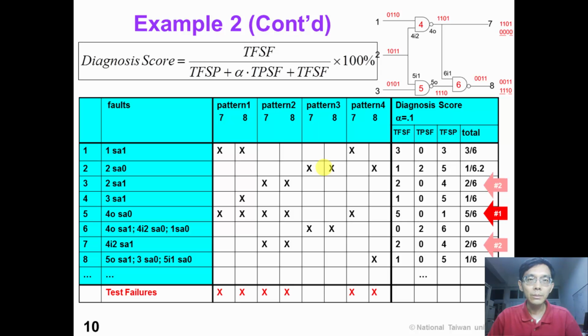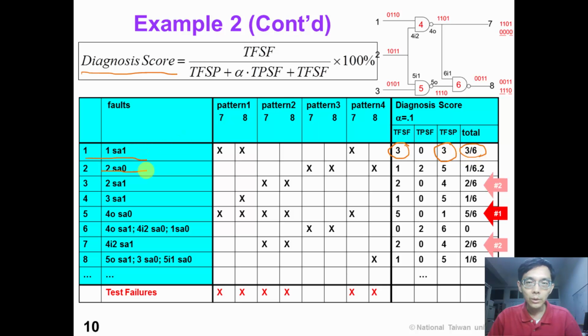Here is the same example with the new diagnosis score definition. For the first fault, there are 3 TFSF and 3 TFSP, so the score is 3/6.